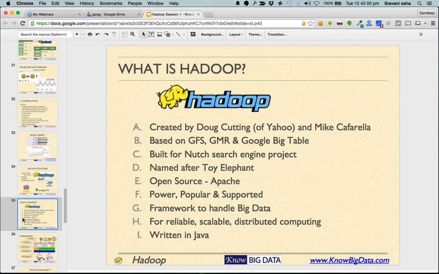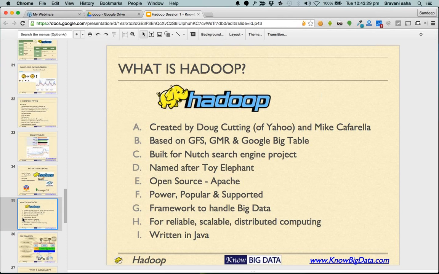It was built after Google's papers on various technology stacks. Google published three papers: GFS, which is Google File System, Google MapReduce, which is the compute engine, and Google Bigtable. Based on these three papers, Doug Cutting and Mike Cafarella wrote Hadoop.